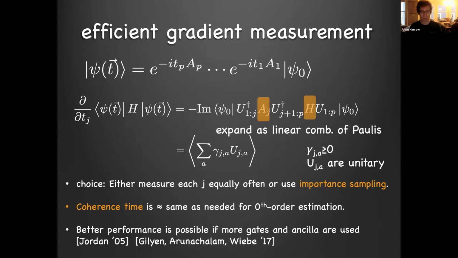I'm just going to leave up on the screen the quantum circuit for estimating the gradient. I won't run through it, but there is a simple thing to do, and it basically is the same as the normal algorithm. It requires one extra qubit, and in a few places you have to do something in control. So it's barely more effort for the quantum computer than to estimate the energy.